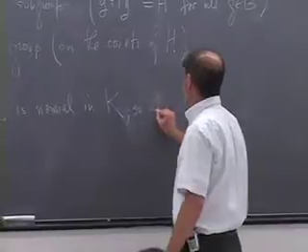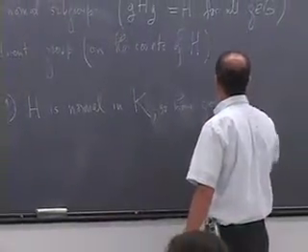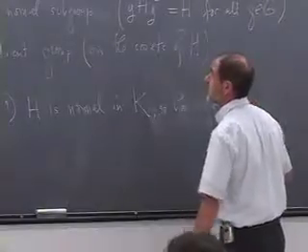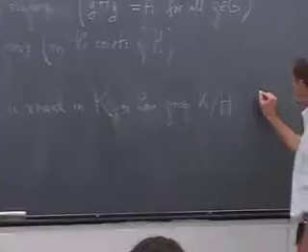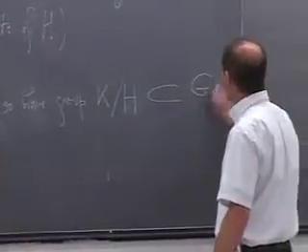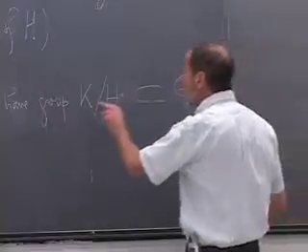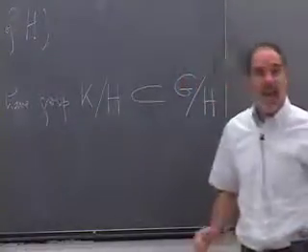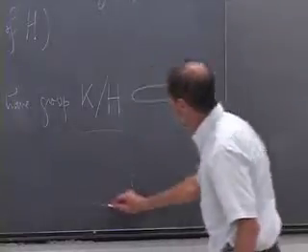So we have the group K mod H, which can be thought of as a subset of G mod H. These are precisely the H cosets that contain elements in K. So here's the picture.